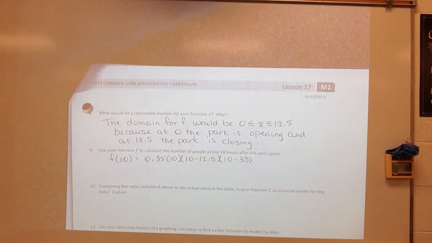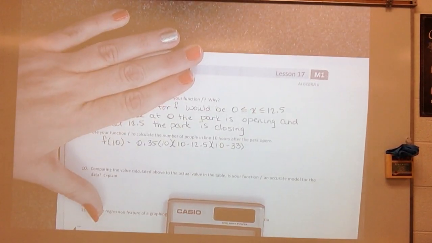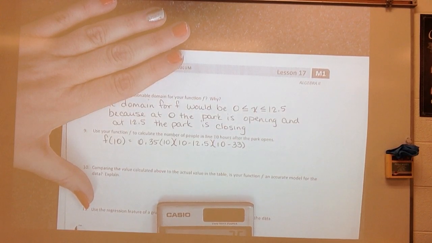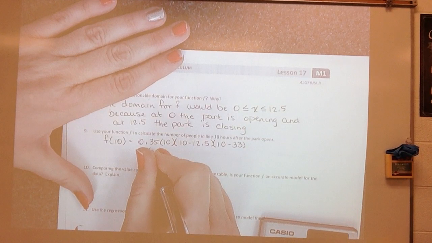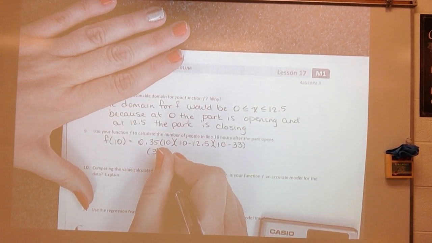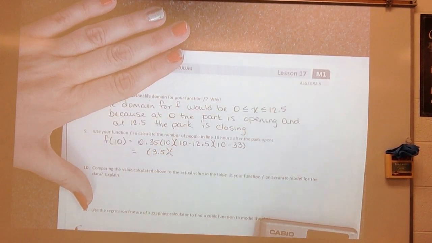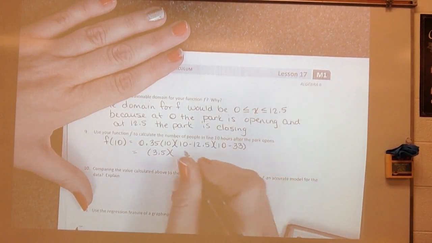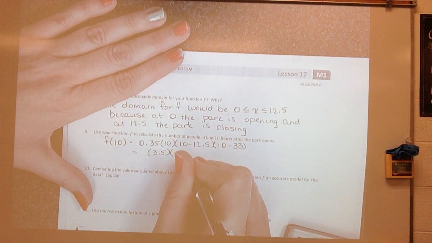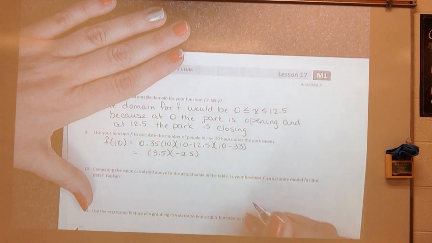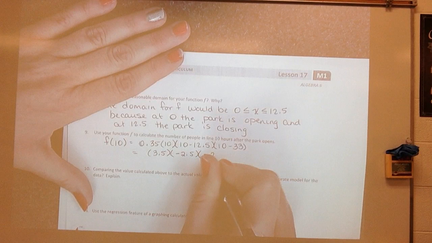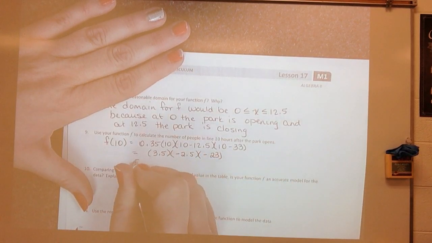Alright, so let's see what this would give us. So 35 hundredths times 10 is equal to 3 and a half. And 10 minus 12 and a half is negative 2 and a half. And 10 minus 33 is negative 23.